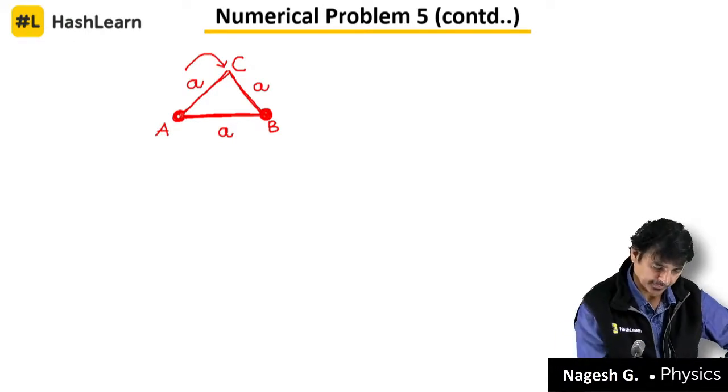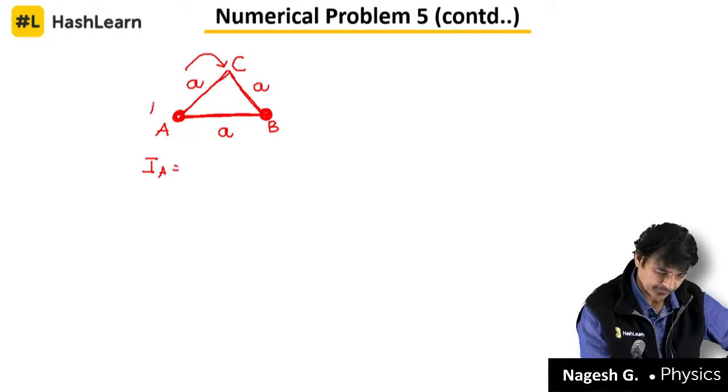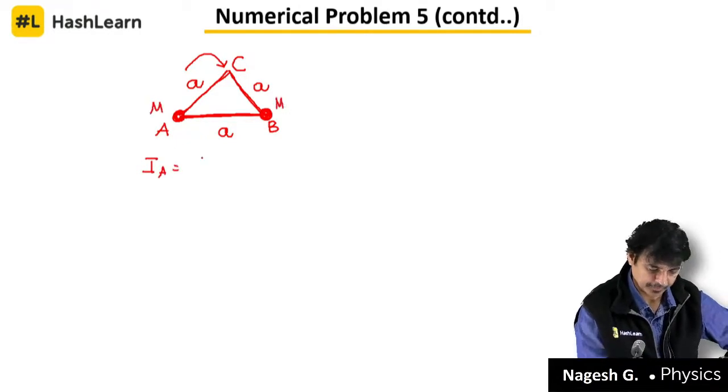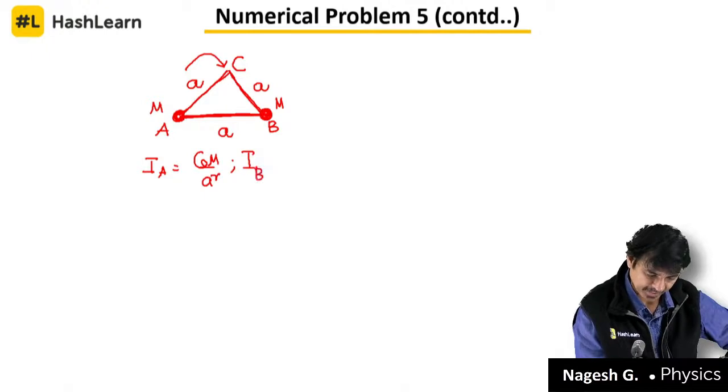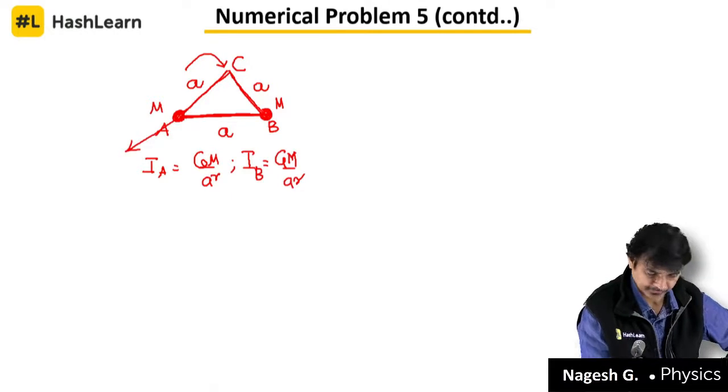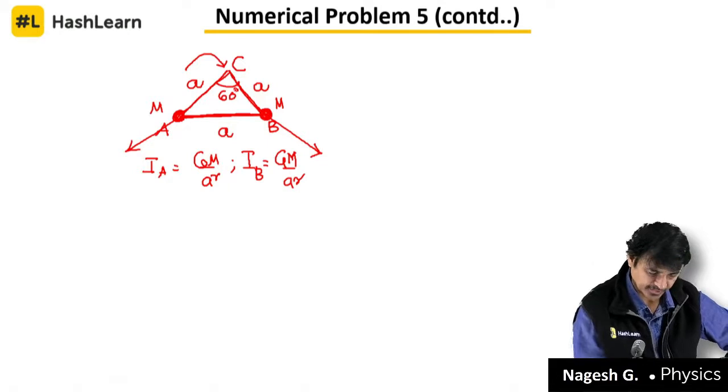The field at C due to A, the masses having value m, is Gm by a square, and field at C due to the mass at B is equal to Gm by a square. So, the vectors will be like this, and the angle between them will be equal to 60 degrees.